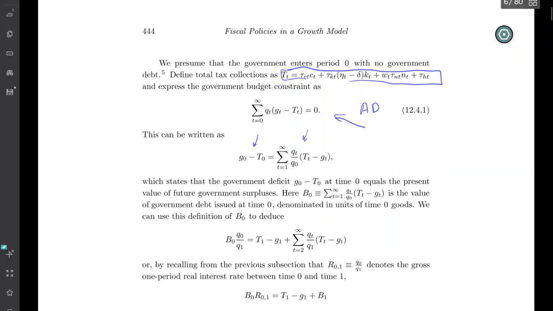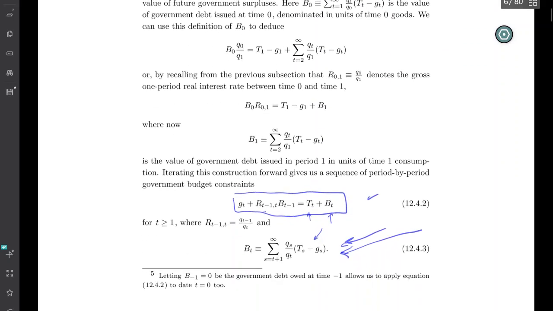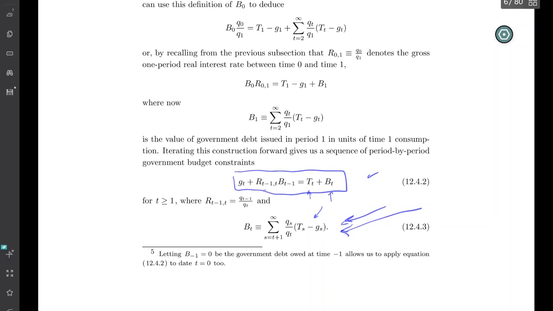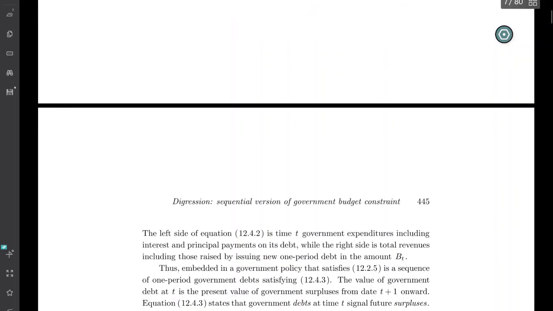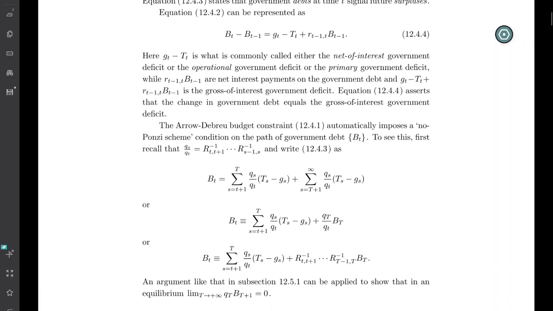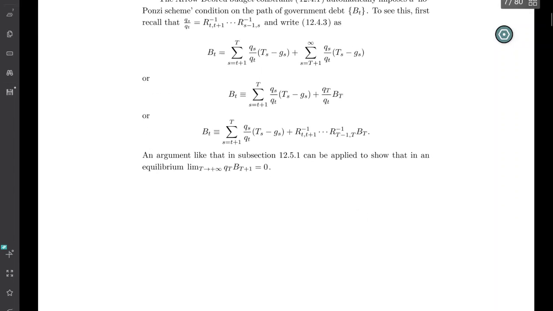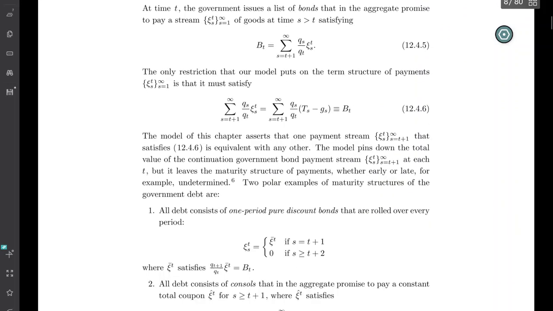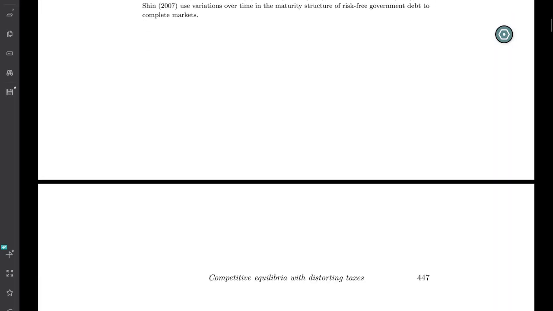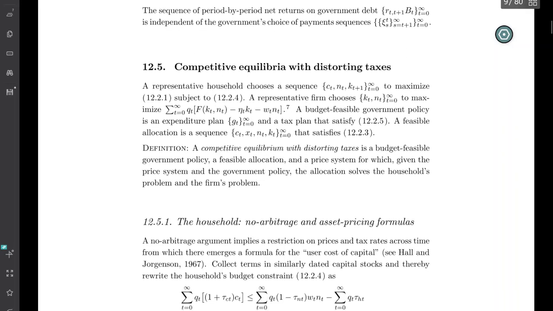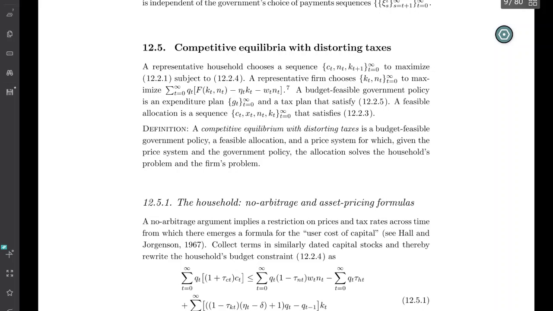It would be growing, but it couldn't grow forever because it would have to satisfy this equation. That's the logic behind the irrelevance. So as long as that budget constraint is satisfied, it doesn't matter. Okay.